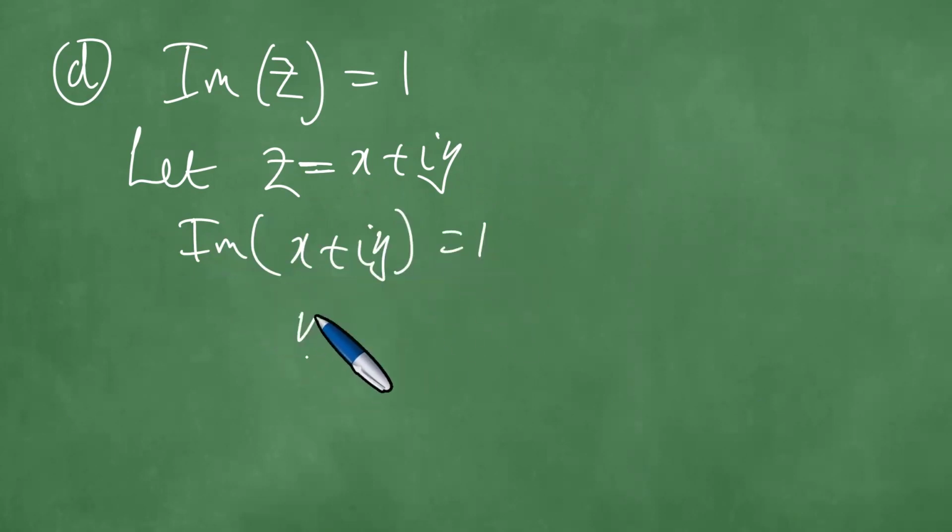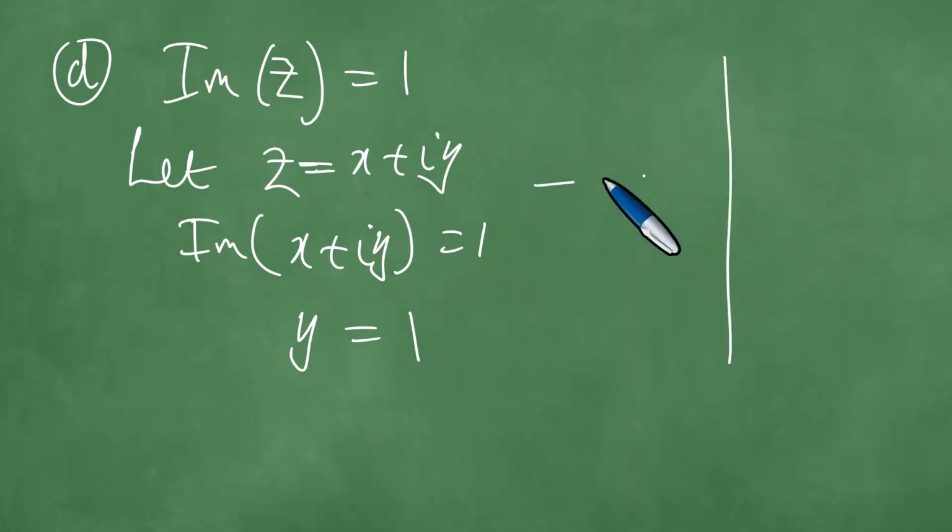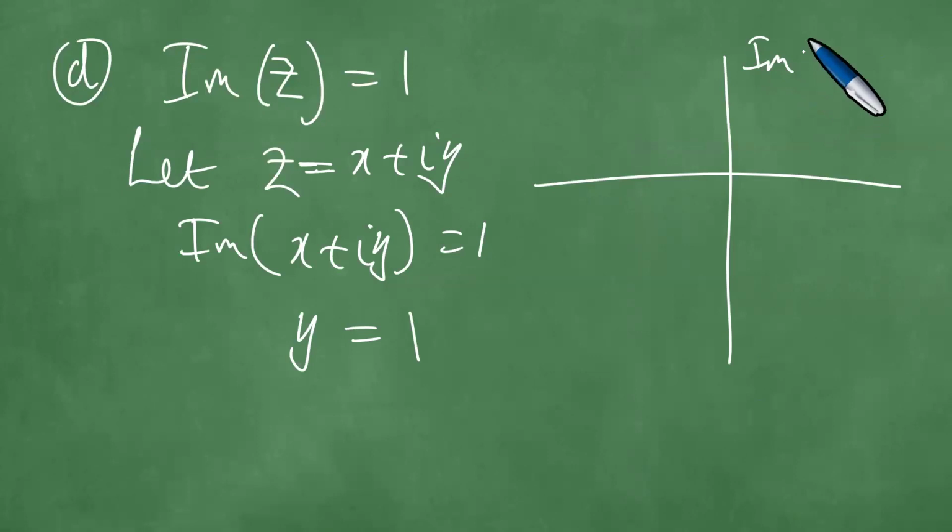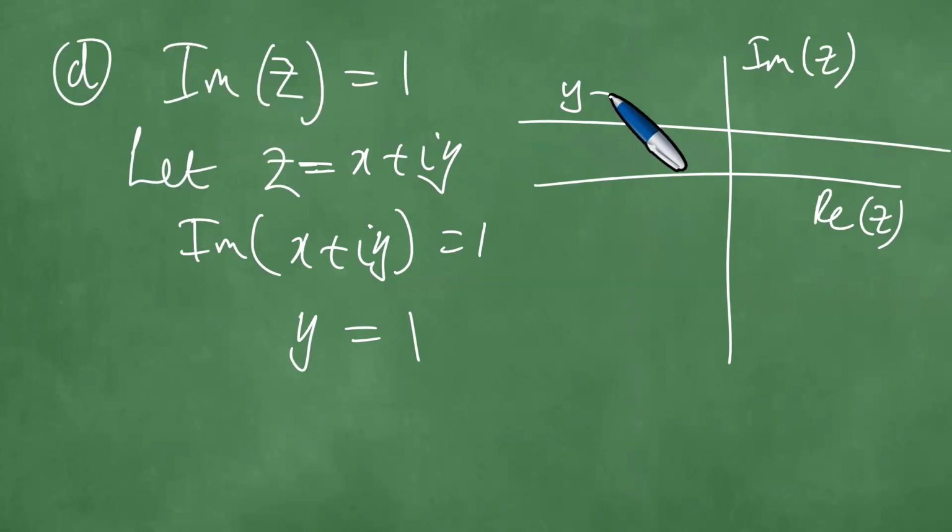The imaginary part is Y equals 1. So if Y equals 1, let us draw the graph of this. So that would be imaginary Z, real Z. Obviously at this point, this is going to equal 1. Yeah, like this.